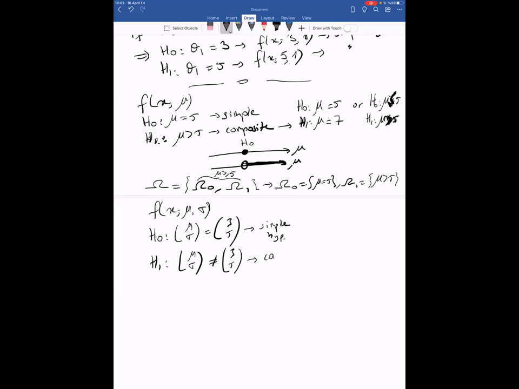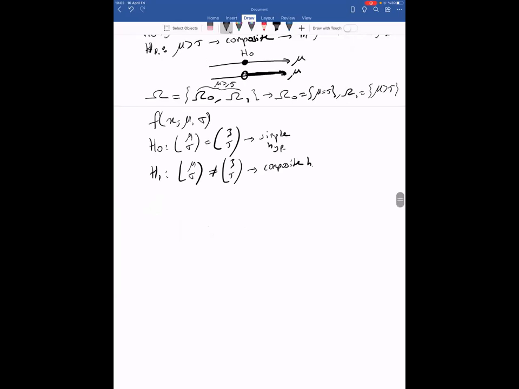So this is a composite one, so we do not specify any value. This part is related with the simultaneous confidence regions, basically. So these are some types of hypotheses that we can generate.